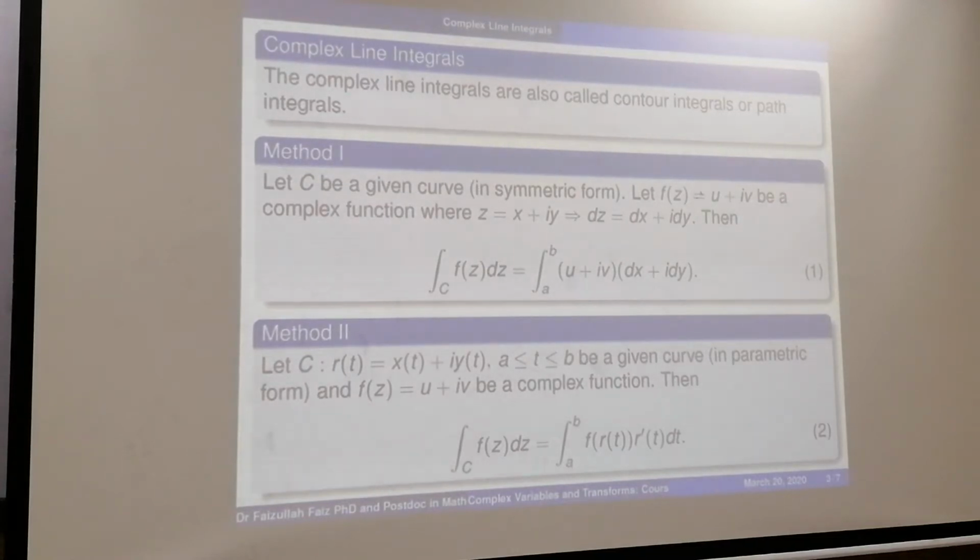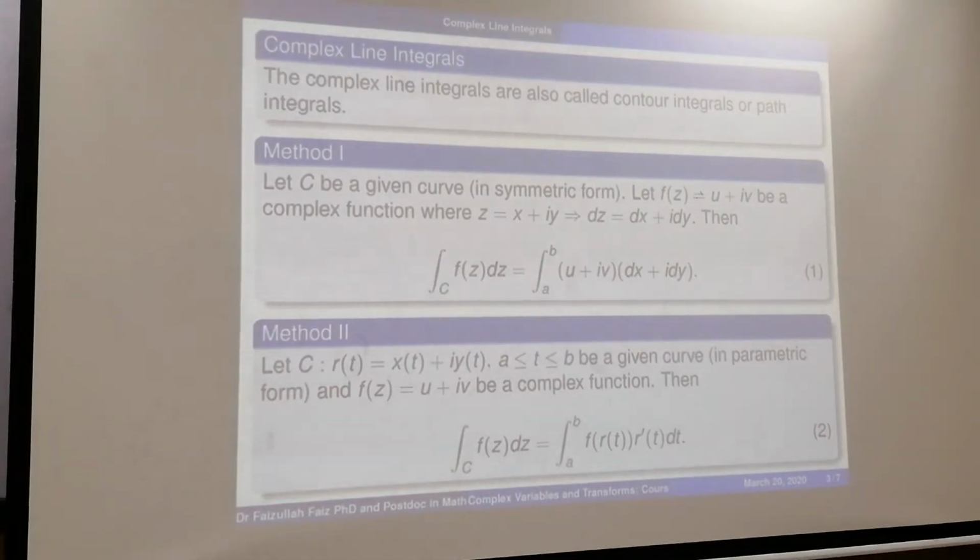In this method, r of t is given. From r of t we have to obtain r dash of t, which is the differentiation of r with respect to t. Then we have to obtain f of r of t, and then find the complex multiplication of f of r of t and r dash of t. In this way we can solve different questions.